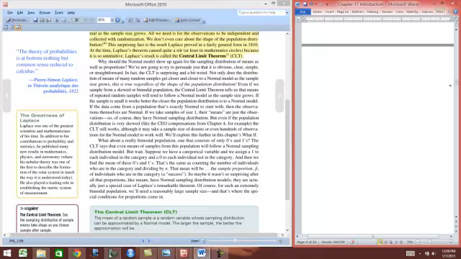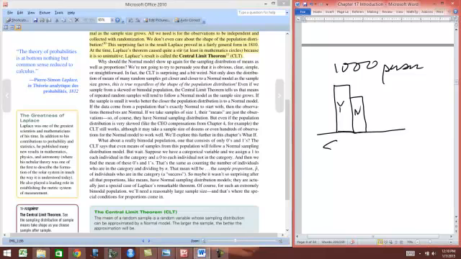Now, suppose I take a 1,000 person sample from a population on an opinion. Now, what's the distribution of the sample? What is the internal distribution of the sample? It's going to be bimodal or whatever. In other words, it's going to be just yeses and nos. So the sampling distribution is the distribution of the sample statistics.